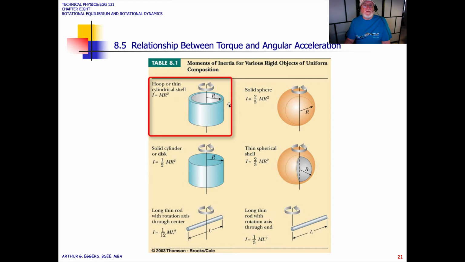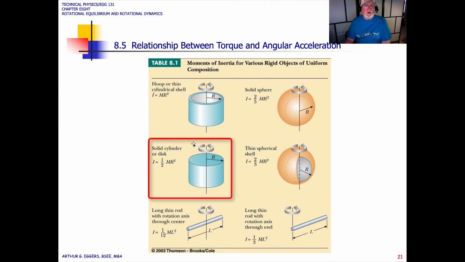You can see here for a hoop or a thin cylindrical shell, the moment of inertia is equal to the mass times the radius squared, just as we identified it. If, though, it's a solid cylinder, notice everything here has been filled in. If it's a solid cylinder or a disk, it's equal to 1/2 the mass times the radius squared.